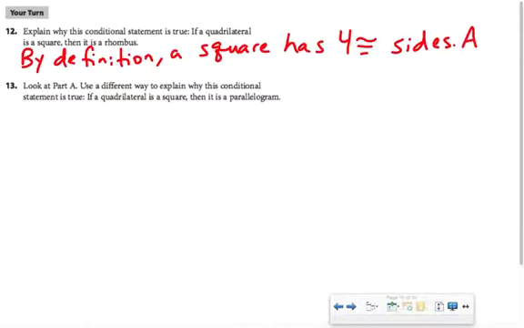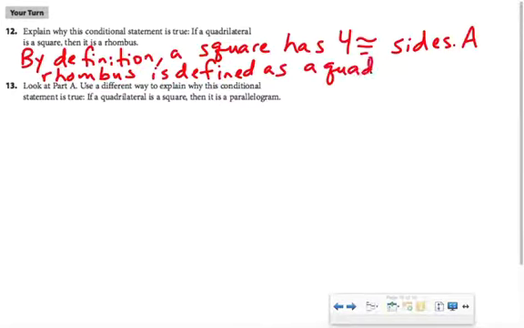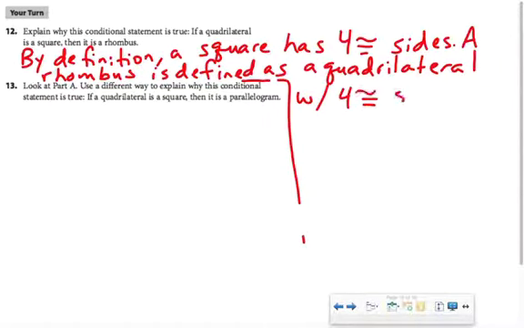A rhombus is defined as a quadrilateral with 4 congruent sides. So a square is a rhombus.